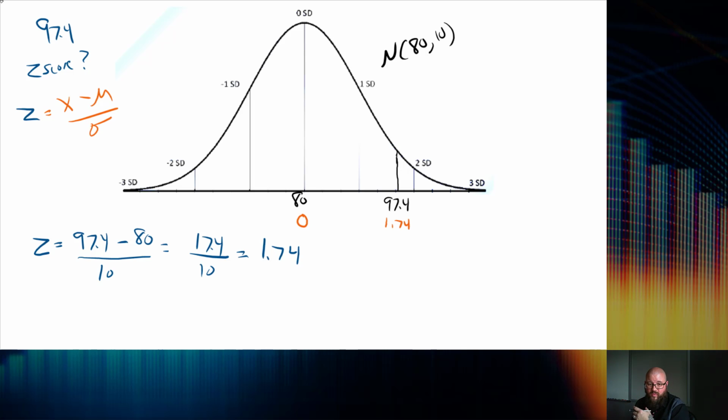So with this, what is the area, or what is the percent of people that scored less than this score? So we would again be shading. If we wanted to find that, we're going to find this area, right?